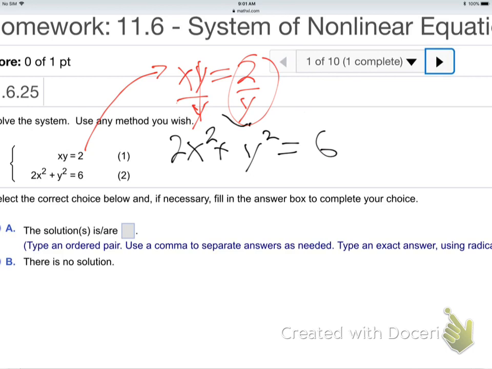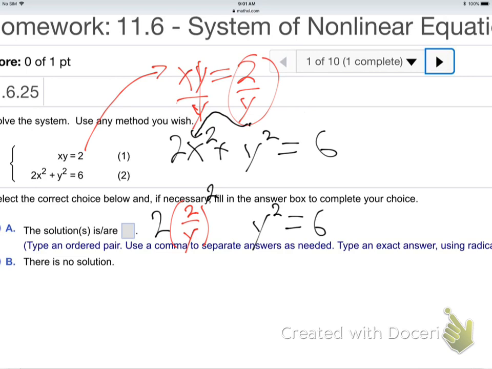So I'll plug that in right there for x, because x equals 2 over y. We good to there? Just plug 2 over y in for x in the other equation.